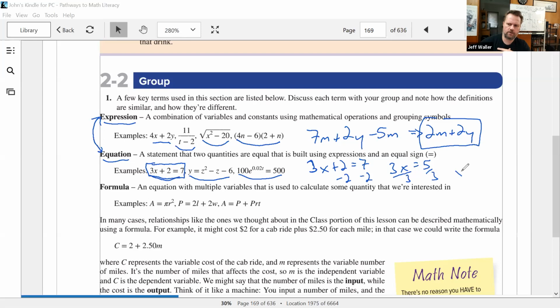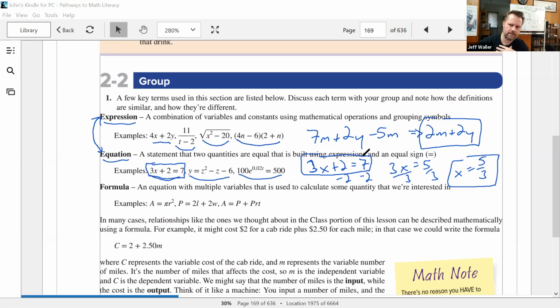We don't know how to do this at the moment. I just want to show you an example and see if this teases some memories. With an equation, now I know the value of x that makes this equation true. That's what that means. If x is this number, then this equation is true.